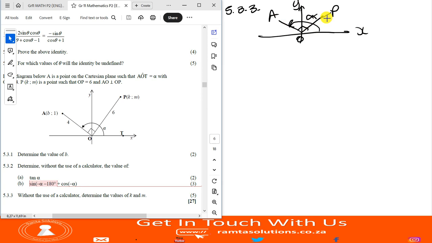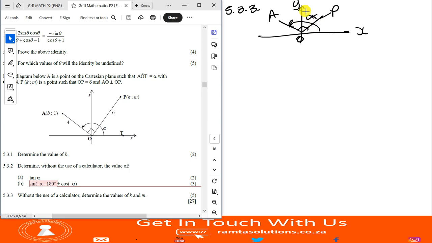But angle AOP is 90 degrees. What is this portion here? You guys must agree with me that this portion here, you know what this is and you know what this is, right? This is alpha. So should we say alpha minus 90?